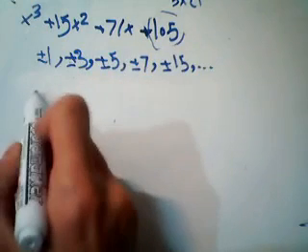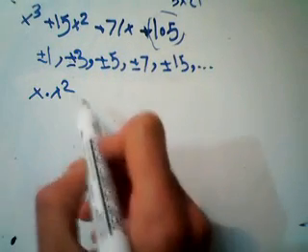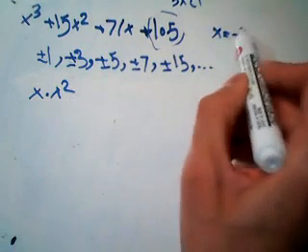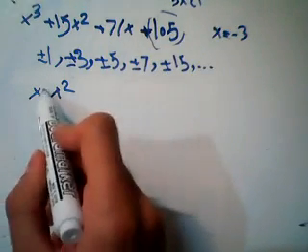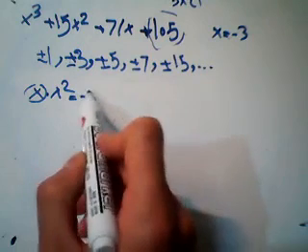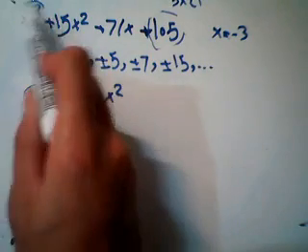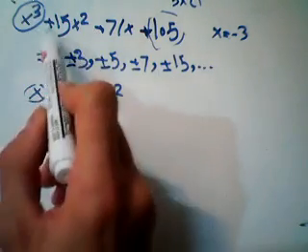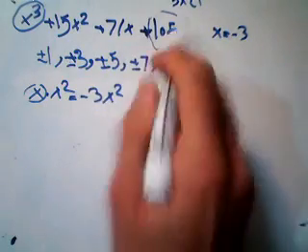Here x cubed equals x times x squared. So our x here is minus 3. We substitute minus 3 here instead of this x, and that would be minus 3x squared. Plus 15x squared would be 12x squared.